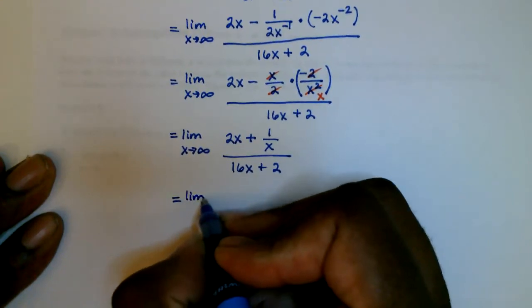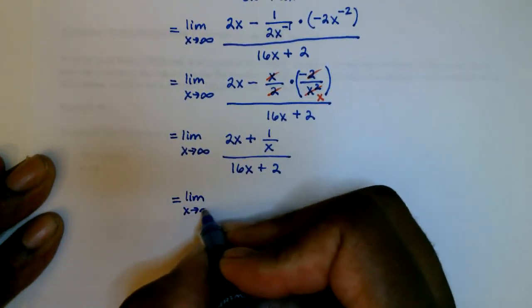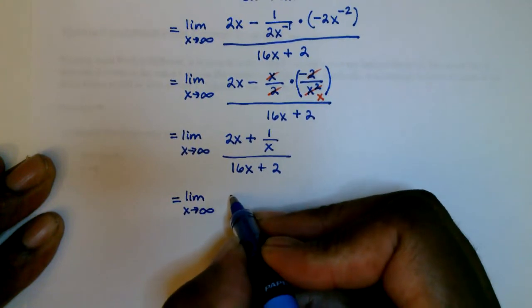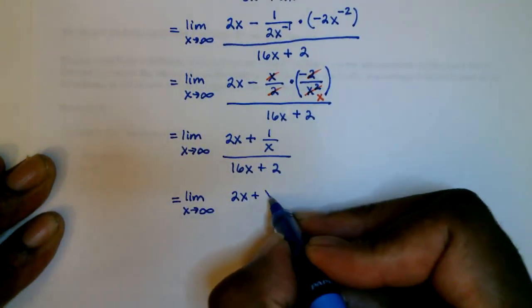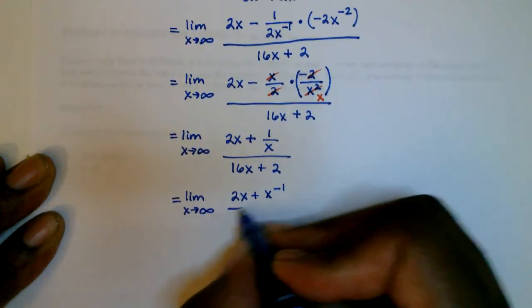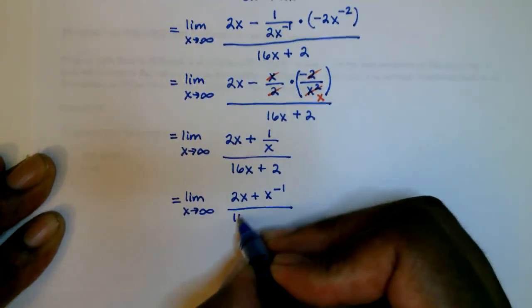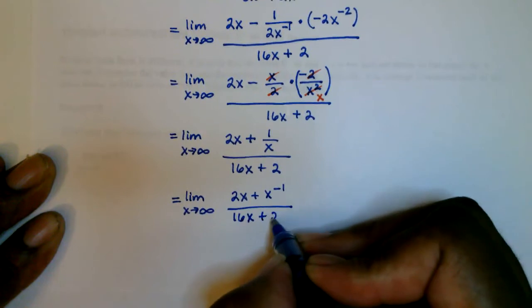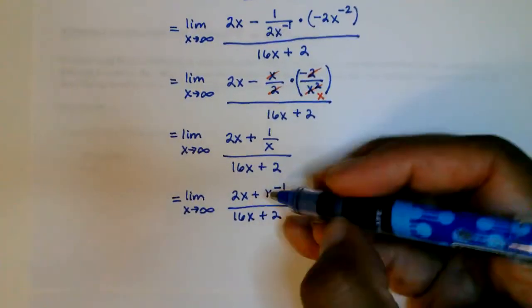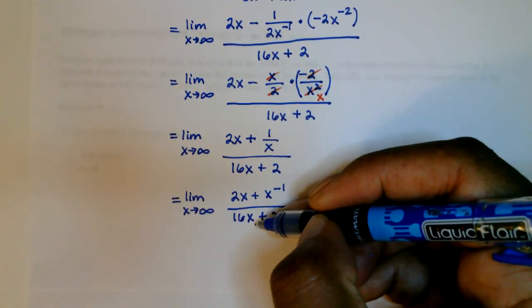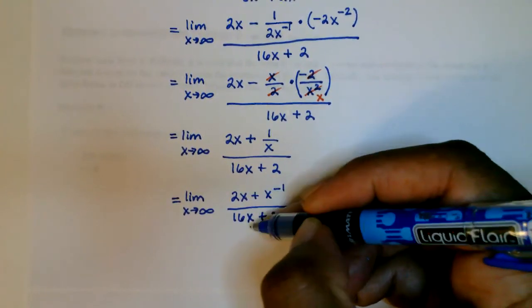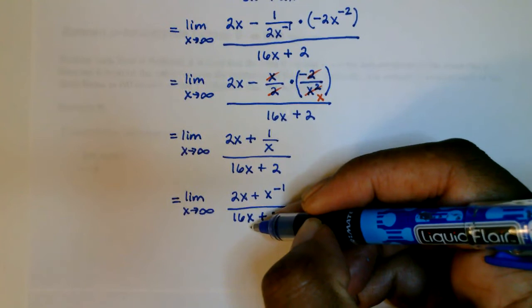Okay. Now again, I'm going to write that 1 over x as this. The limit as x approaches infinity of 2x plus 1 over x, using negative exponents, will be x to the negative 1, divided by 16x plus 2. Notice I'm still going to have an infinity over infinity situation here, because 2x goes to infinity, 16x also goes to infinity.